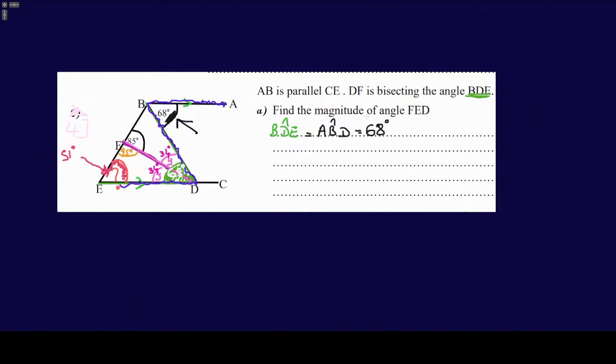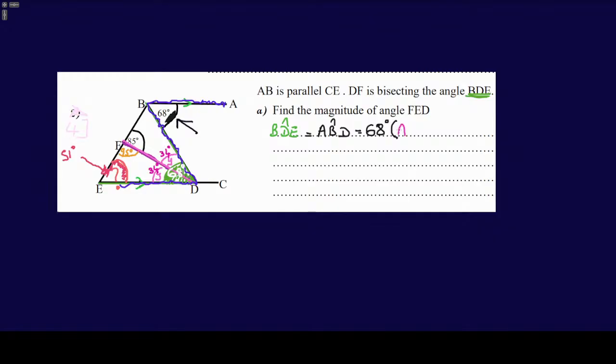Within the brackets we can write the reason. Why are we saying both of these angles got to be equal to each other? Because the lines are parallel, the alternate angles got to be equal. So let's write that reason. What are the two parallel lines? AB and CE.